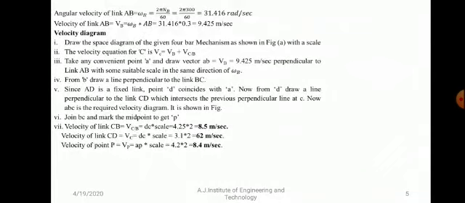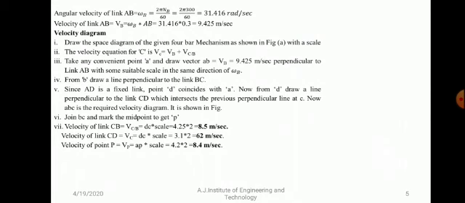This is the first step you have to find out: the angular velocity of the link AB, omega B, and then multiplying by AB, the length of that link, gives VB equal to 9.425 meter per second.